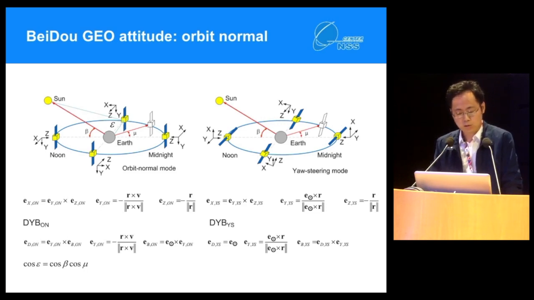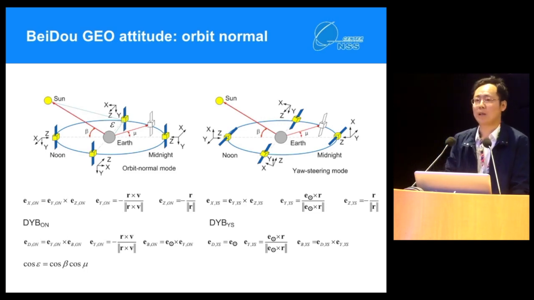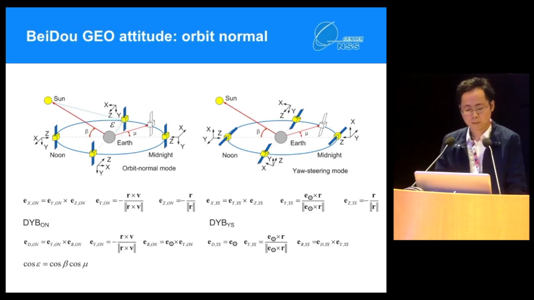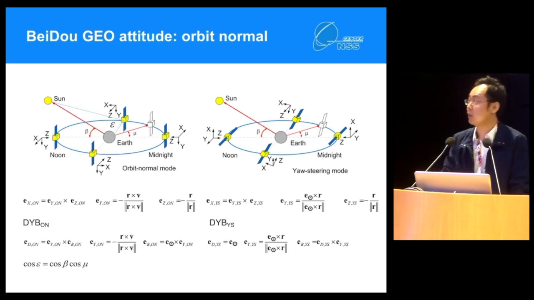There are three essential angles for the solar radiation, which are mu, beta and epsilon. I also uploaded the figures.